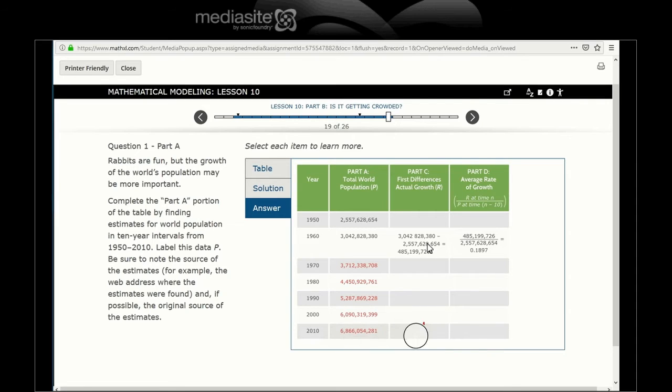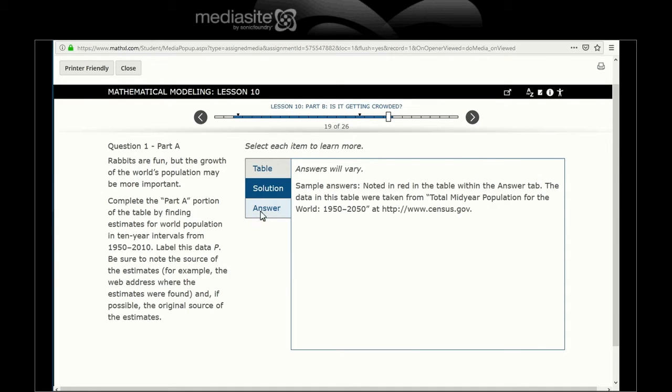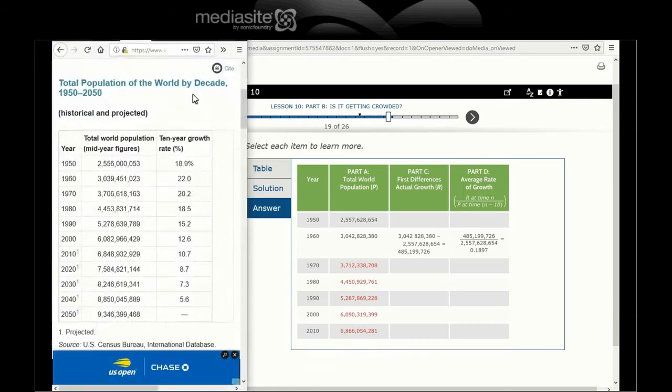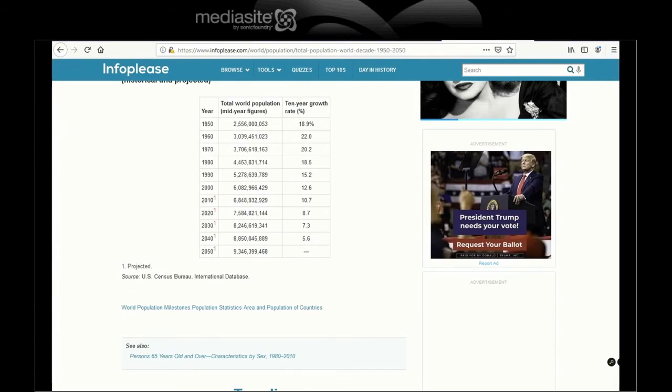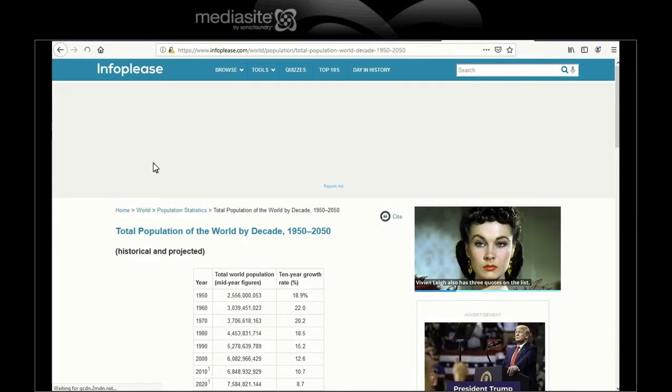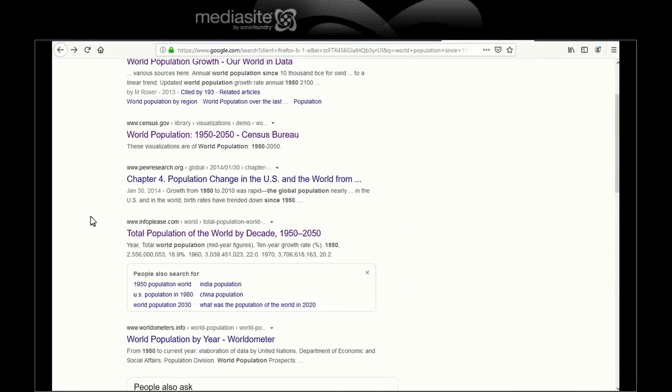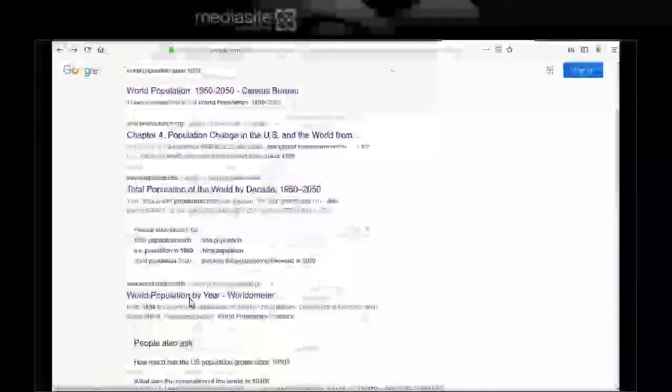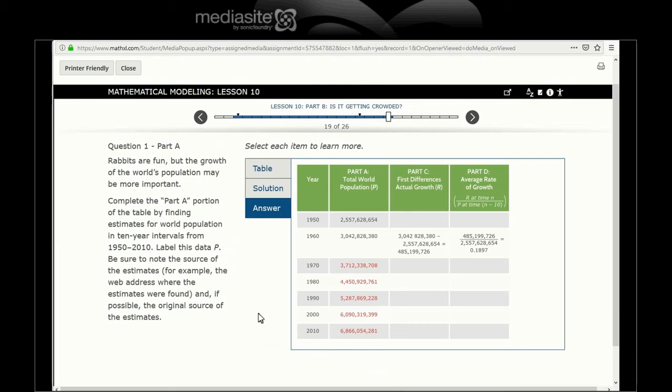Okay, theirs was 66. Mine was 86. We got close to what their numbers were. Again, different sources, maybe a little bit different. Do you use UN, United Nations numbers, or something based on the U.S. Census? What was their solution? Something from the U.S. Census. Mine came from the site. There you go: total population of the world by decades, 1950 to 2050. So different sites may have slightly different numbers, but they're all in the same ballpark.